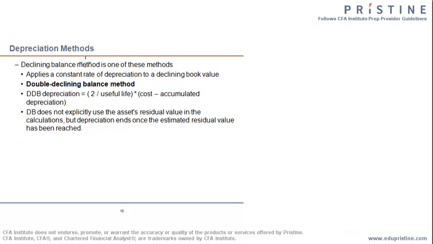One of the key methods under the accelerated method of depreciation is the double declining method. Very important from an exam perspective. Under the double declining method, the depreciation is calculated in the following manner: 2 divided by the useful life of the asset multiplied by cost minus the accumulated depreciation of that plant. Let me give you an example.